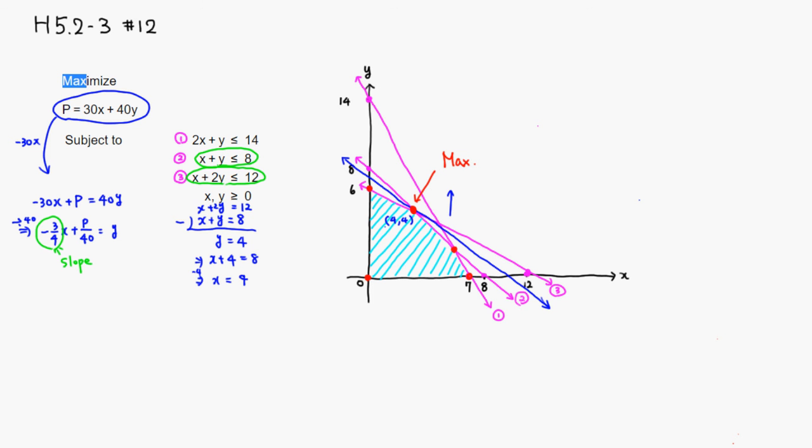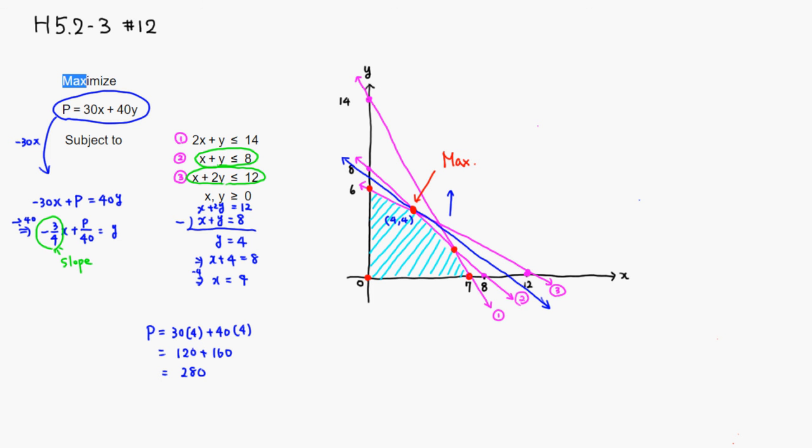If you want to find the maximum profit, P, you just plug in x equals 4 and y equals 4. So you have 30 times 4 plus 40 times 4, which is 120 plus 160, equal to 280.